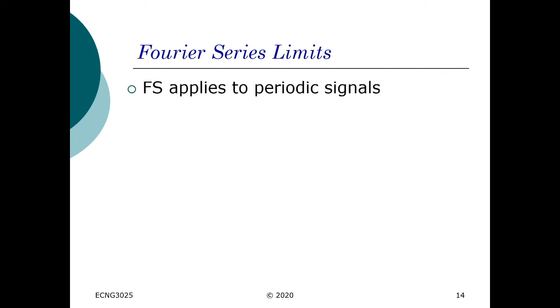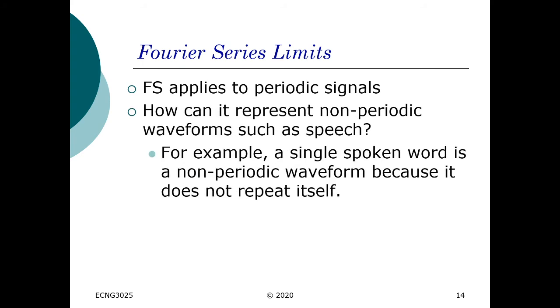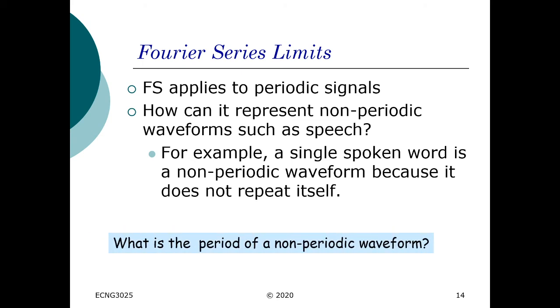Now the Fourier series applies to periodic signals, and it's quite representative for any periodic signal to break it down into a sum of series of sine and cosine functions. But for non-periodic signals, it doesn't tend to work very well. And this is because for a non-periodic waveform, there isn't really a set period.